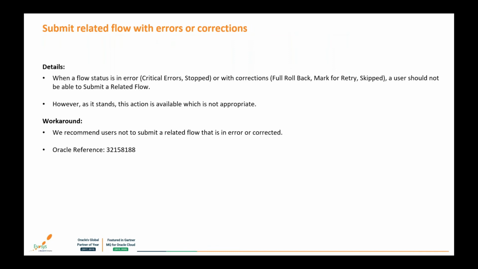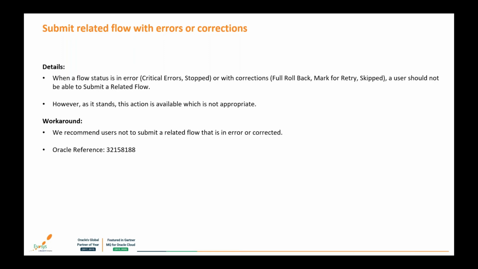Submit related flow with errors or correction. Like this is the issue when flow status is an error, like critical errors or stopped with some correction. User should not be able to submit the related flow. However, it seems that action is available, which is not supposed to be.